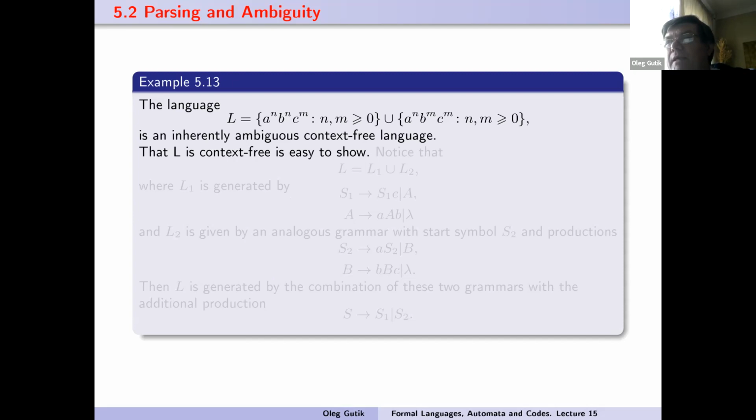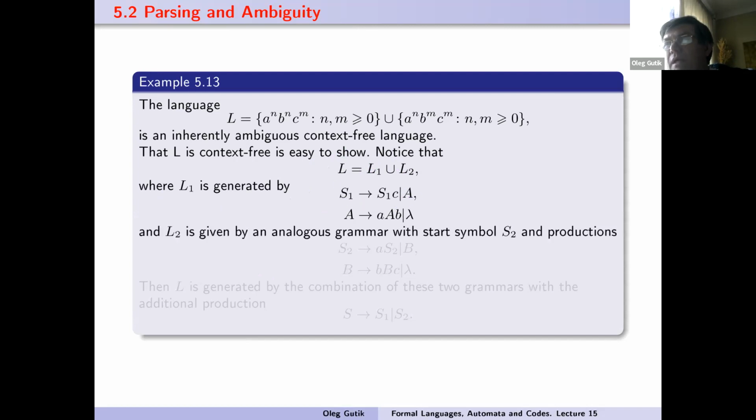That L is context-free is easy to show. We remark that L consists of L1 and L2, where L1 is generated by the production, and L2 is given in the grammar with start symbol S2 and productions.